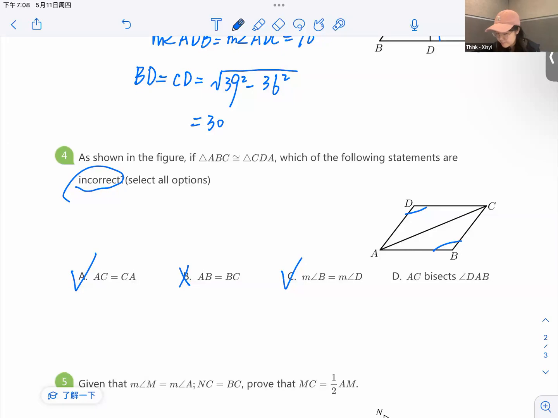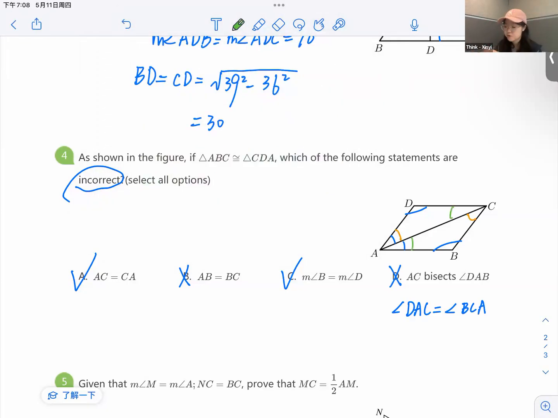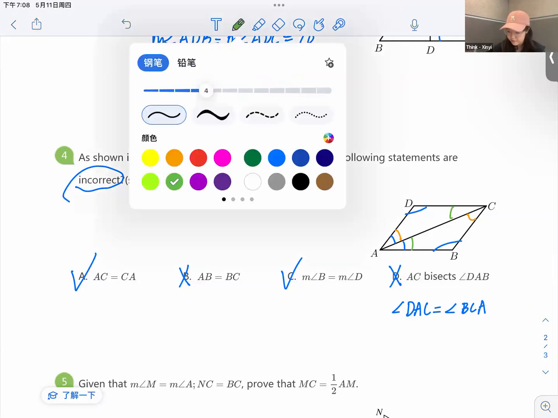And for AC bisects angle DAB, it's not correct, since we don't know if these two angles are equal to each other, but we do have angle DAC equals angle BCA. For these two, they're equal to each other, but it's not necessary that AC bisects angle DAB. Okay, so B and D for this one.